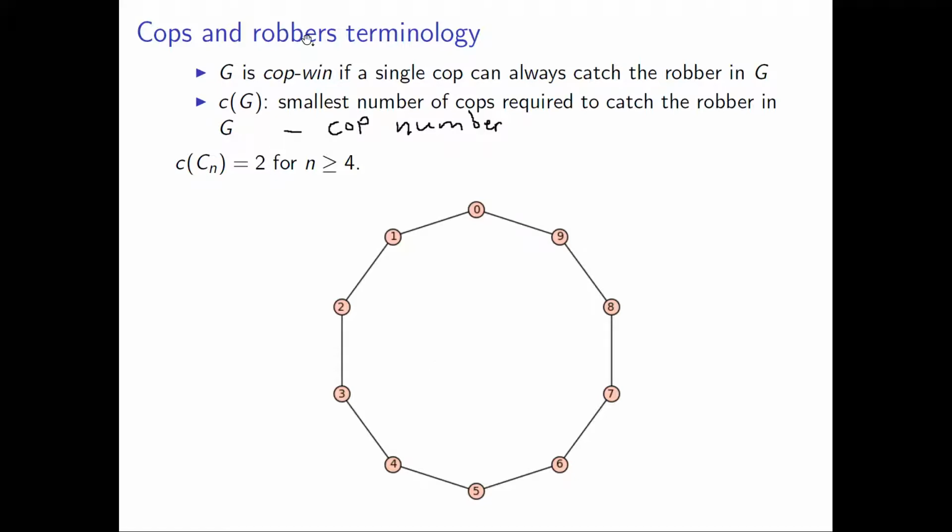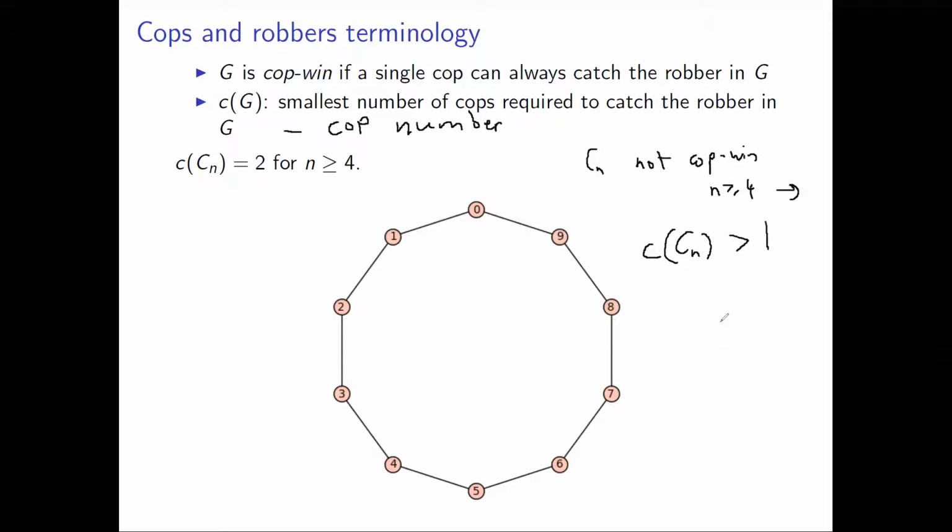We saw that the cop number is not 1 because Cn is not cop win. So that implies that the cop number of Cn is strictly greater than 1. So the cop number can only be 1 when the graph is cop win.